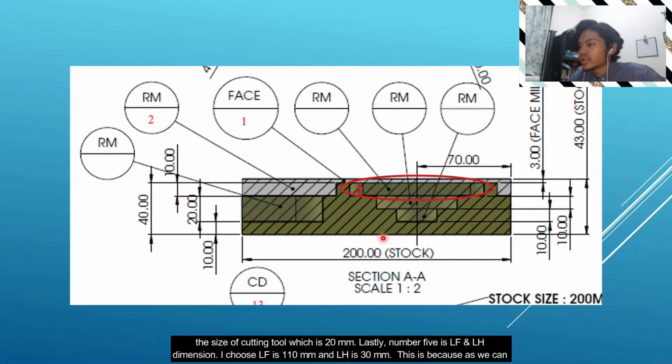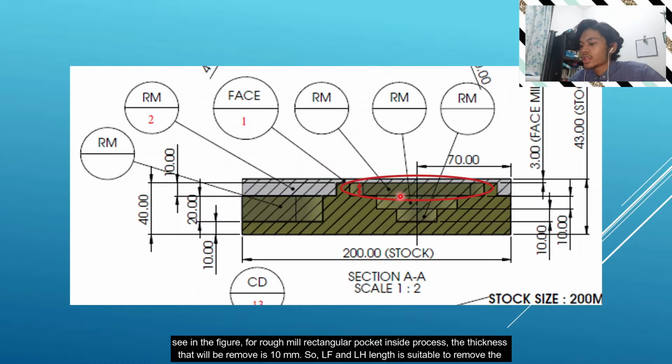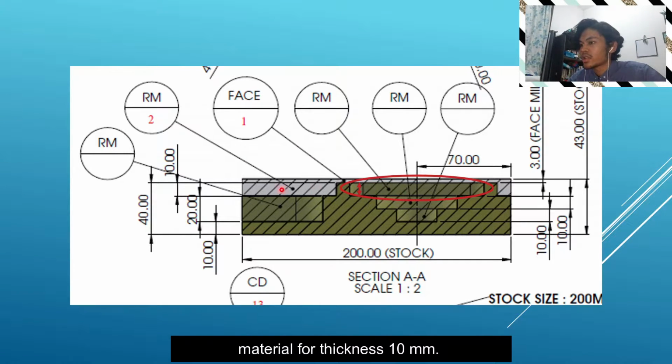This is because, as we can see in this figure, for the rough mill rectangular pocket insert process, the thickness that will be removed is 10 mm. So the LF and LH lengths are suitable to remove the material for the thickness of 10 mm.